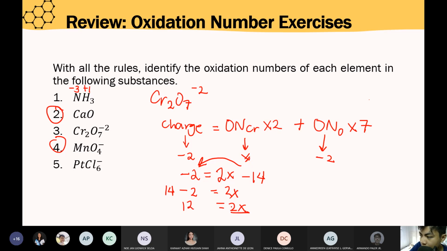To solve for X, just divide both sides by 2. So, X equals positive 6. Meaning chromium here is positive 6 in charge, while oxygen is negative 2 in charge. Okay? It's that simple. Basic algebra lang. Okay?